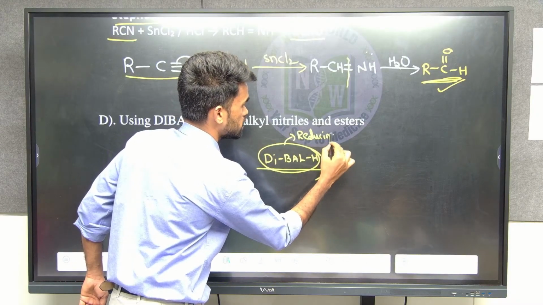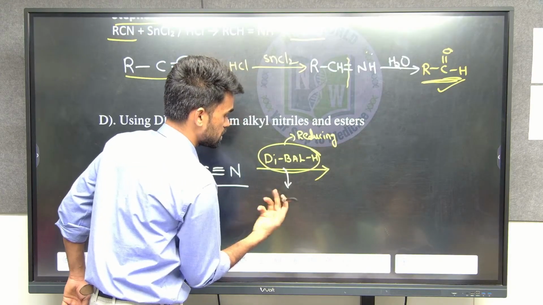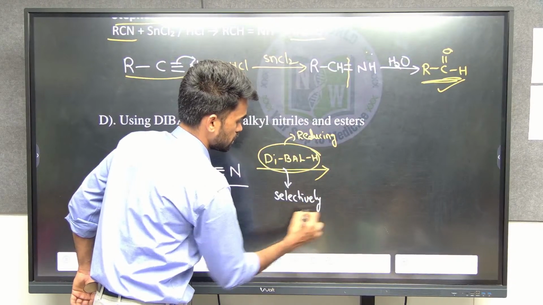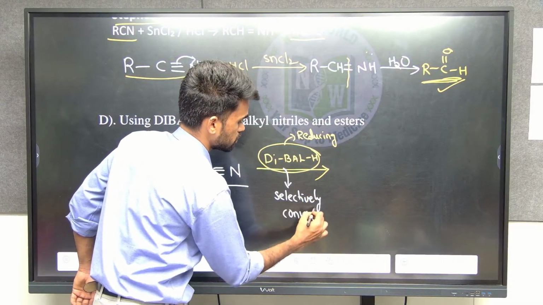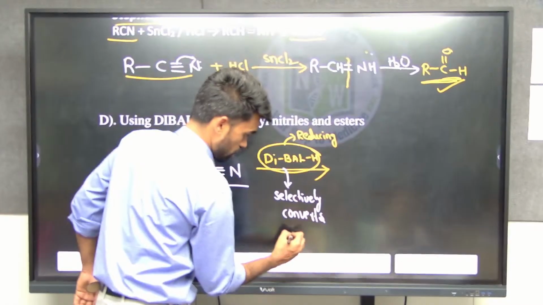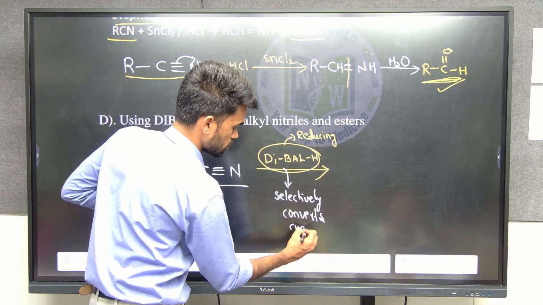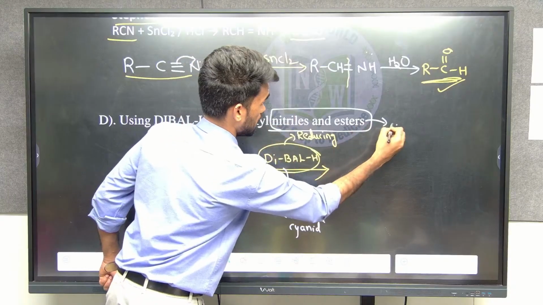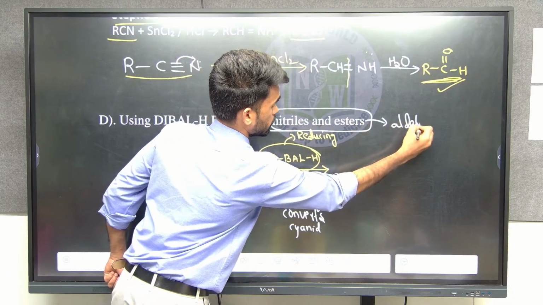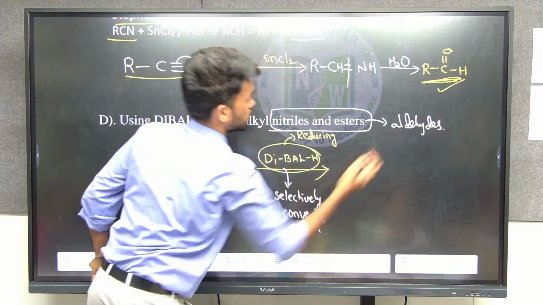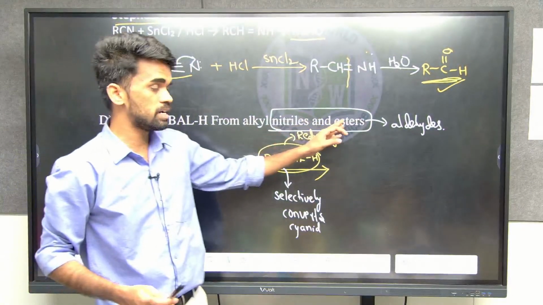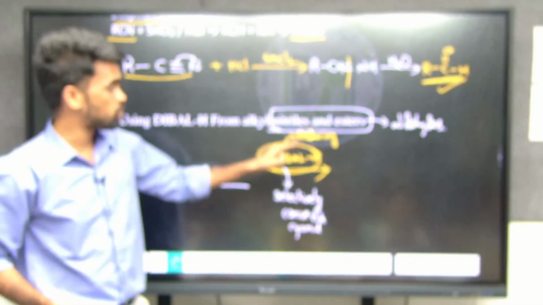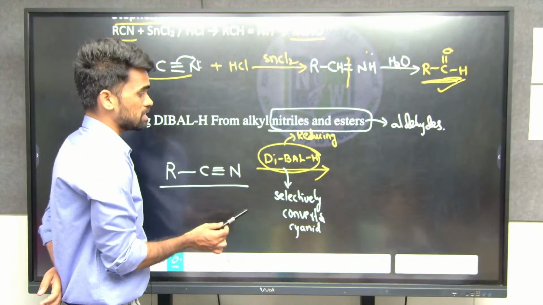So this reducing agent selectively converts cyanides and esters to aldehydes. From where to where will it convert? Cyanides and esters to aldehydes. What is that reagent called? DIBAL-H.